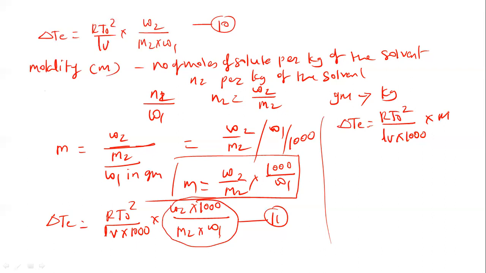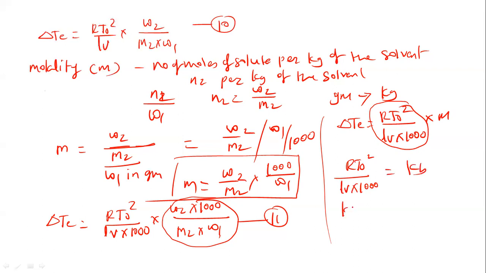Molality is the number of moles per kg of the solvent. Now in this equation, R is constant, T0 is constant, LV is also constant, and 1000 is a constant term. So instead of writing this, I would like to write here RT0 square divided by LV into 1000, and this is equal to Kb.